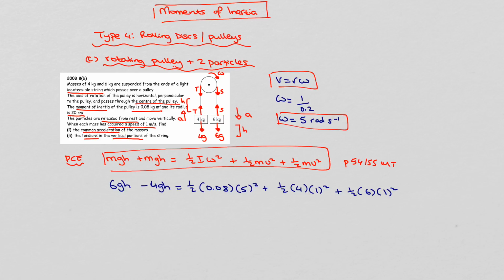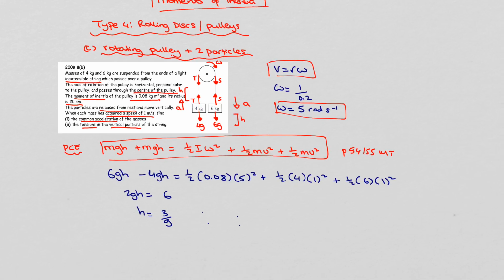Okay, so simplifying all of that gives us 2gh on the left, and on the right hand side I end up with 6, and therefore h in terms of g is going to be 3 over g.